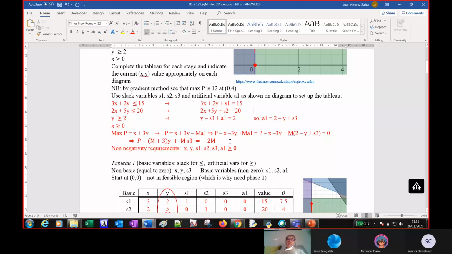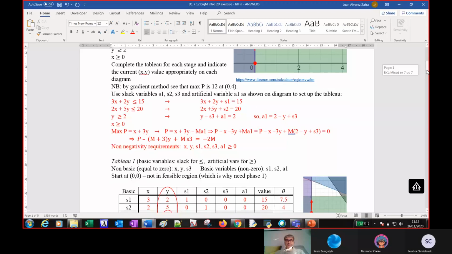And then if we keep all the variables on the left-hand side, we're going to get p minus My minus 3y, which collectively is p minus (M plus 3)y, plus M s3 equals minus 2M. And remember all the non-negativity requirements: all the variables, x and y, slack variables, surplus variables, and artificial variables, have to be greater than or equal to 0, always, in the simplex tableau.